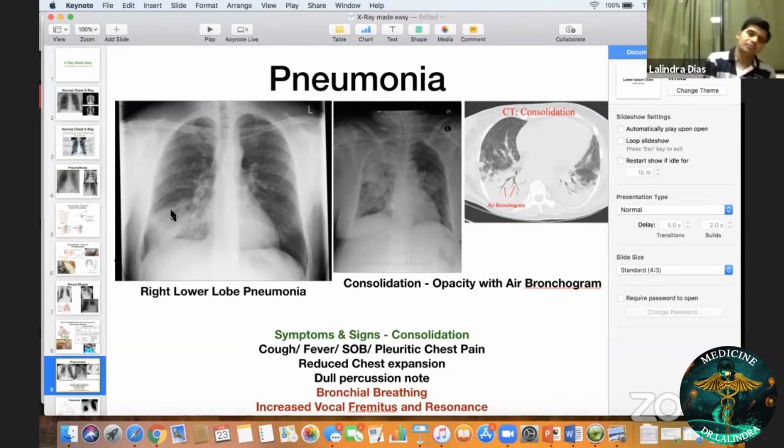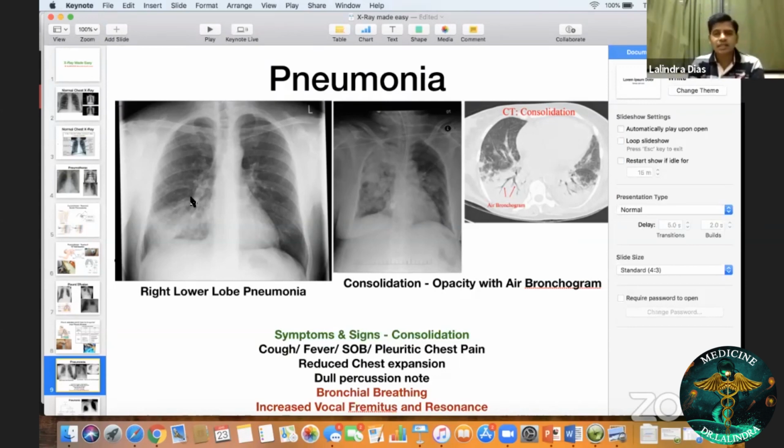Guys, pneumonia will be shown as a whitish, white colored shadow. So this is a case of right lower zone or right lower lobe community acquired pneumonia consolidation.